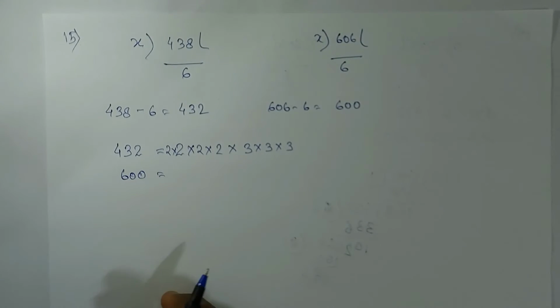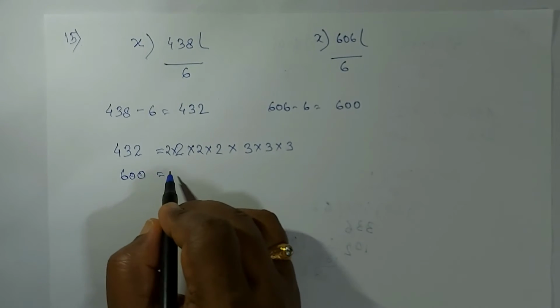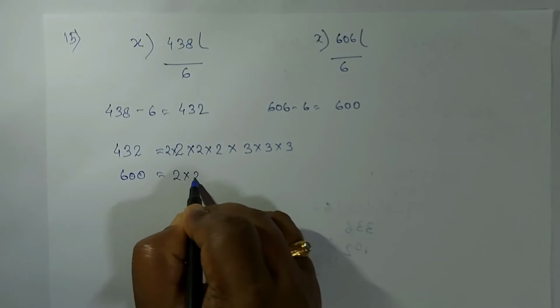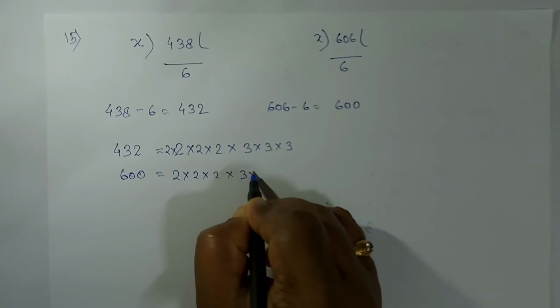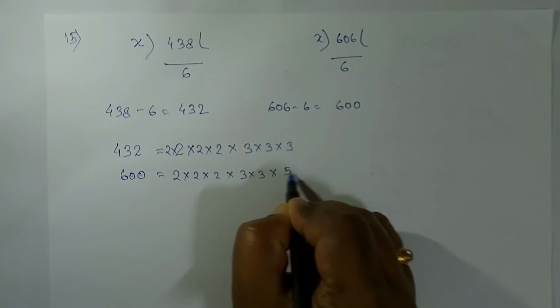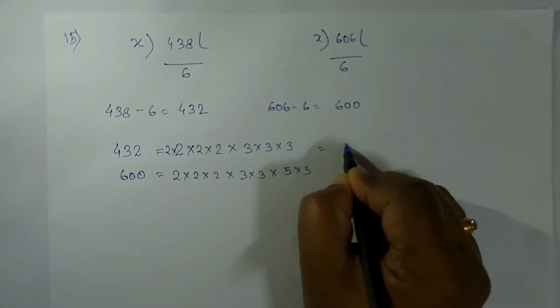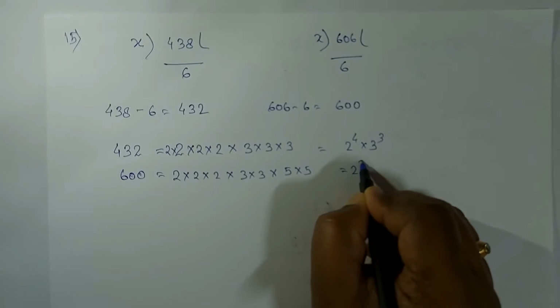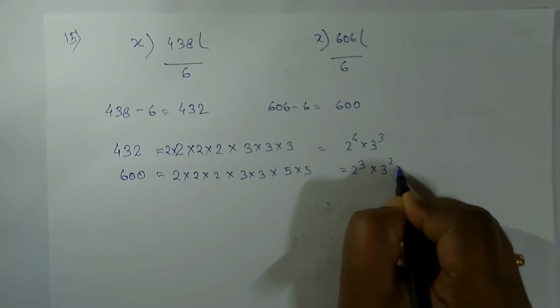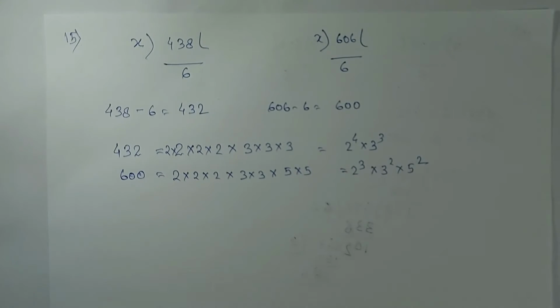So this means 2 to the power 4 into 3 cube. And 600 is 2 into 2 into 2 into 3 into 5 into 5, this is 2 cube into 3 into 5 square.